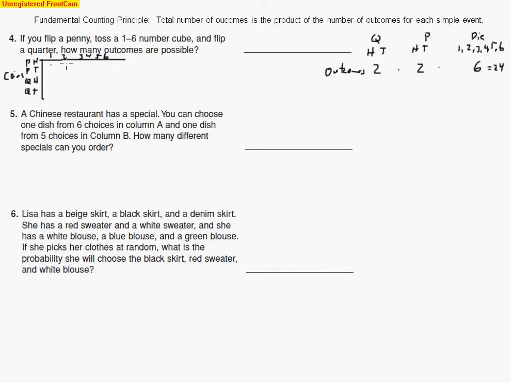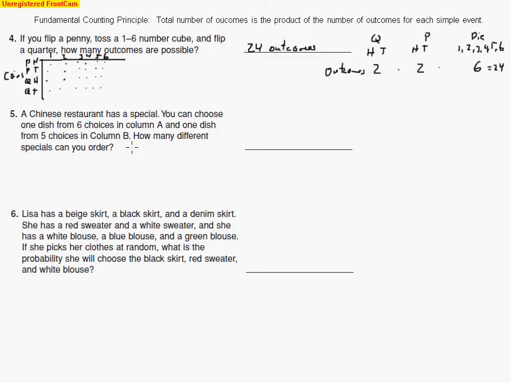I'm drawing these little dots to show all those different outcomes. So instead of counting them all up, you could just multiply 6 times 4, which gives us 24 outcomes. And so that's the fundamental counting principle: you count up the number of outcomes for each simple event and then multiply those outcomes, and it gives you your answer.